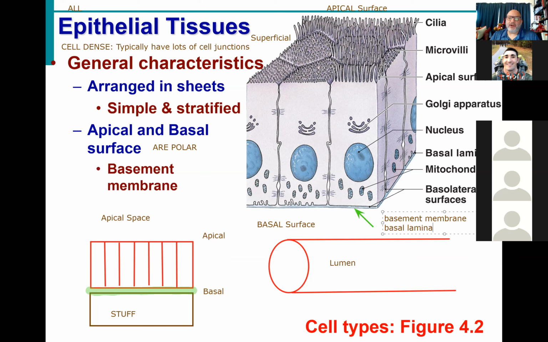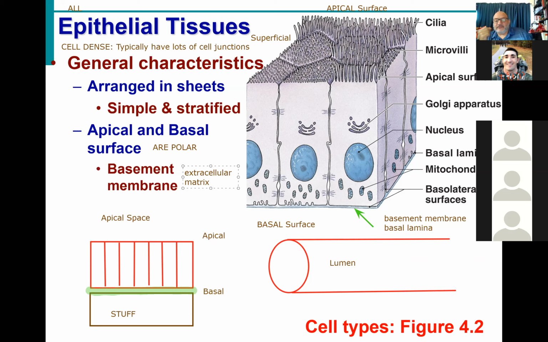This basement membrane is basically an extracellular matrix. It's a substance that is outside of the cell, and basically it is the glue that holds the epithelial tissue to whatever is underneath it. And when we actually look at some epithelial tissues, we will see that and talk about that.